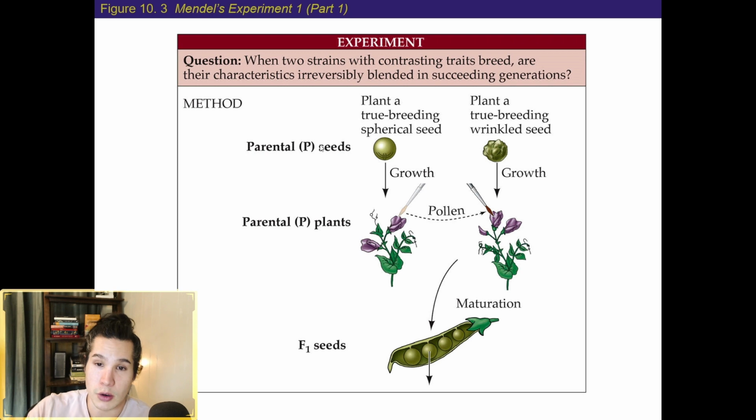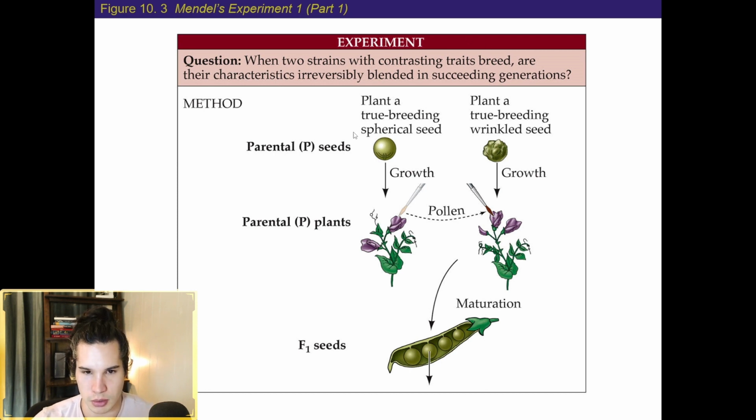Irreversible blending theory would mean that when you mesh two traits together that are the same, for example, spherical, so you have one parent that has spherical seeds and the other parent that has spherical seeds, their offspring would all have spherical seeds. So irreversible blending theory just means that you cannot necessarily backtrack.